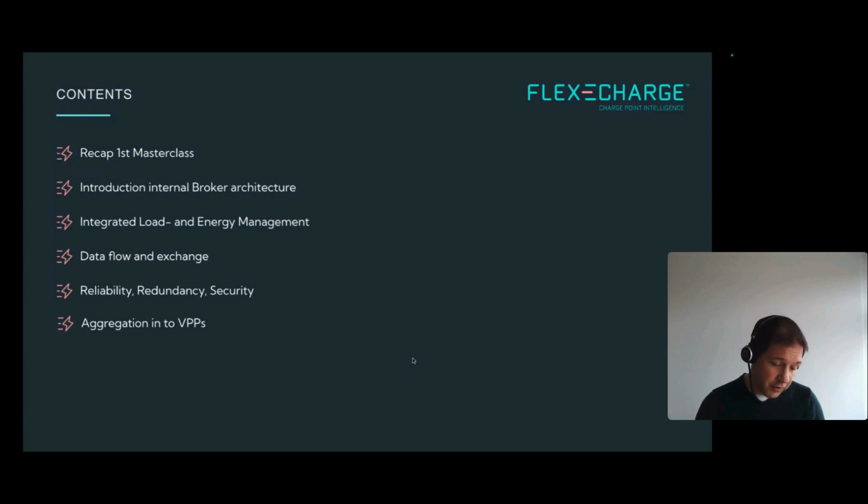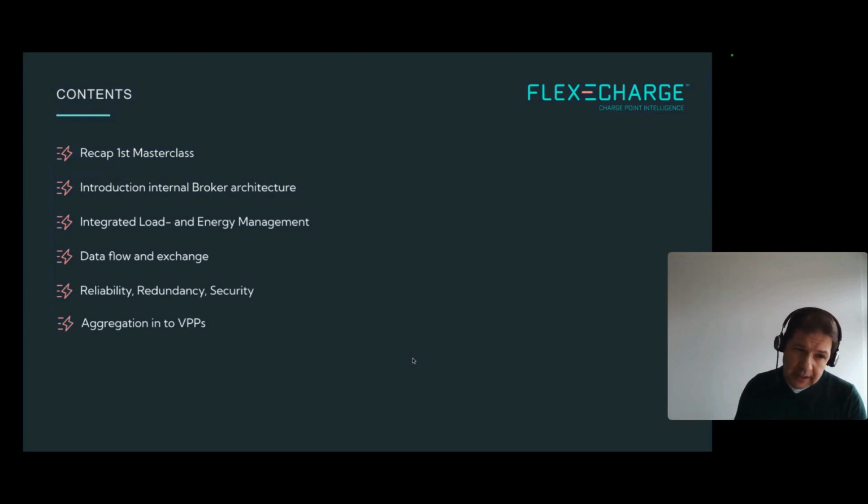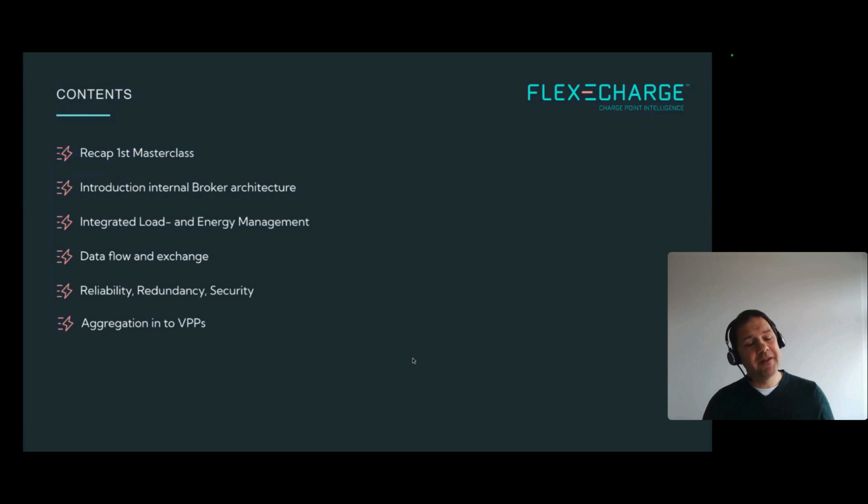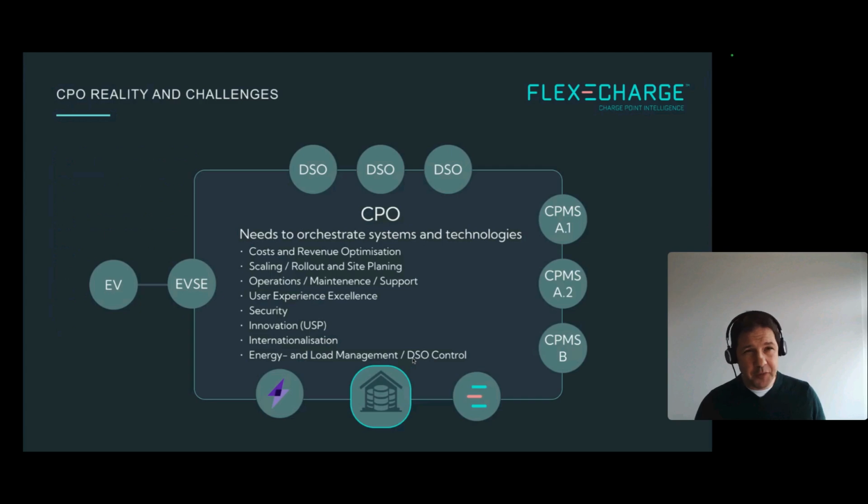We're going to have a look into a very important topic, which is reliability, redundancy, security. And later, we have a quick look into aggregation of charging infrastructures into virtual power plants based on our architecture.